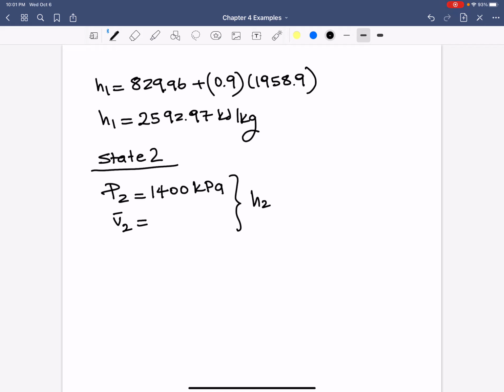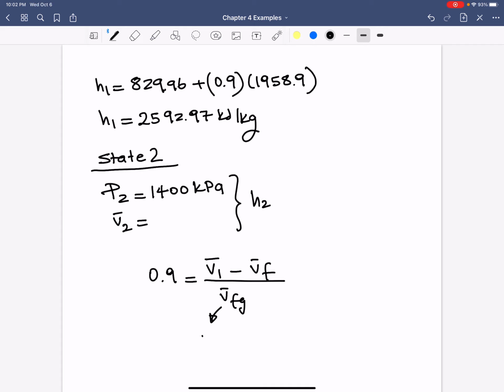Because you are given the quality, you can use the equation which relates the quality to specific volume and calculate the first state specific volume from there, and we know 3 times that specific volume at the first state is going to be equal to the specific volume at the second state. So use the quality equation. Quality is equal to V1 minus Vf over Vfg.